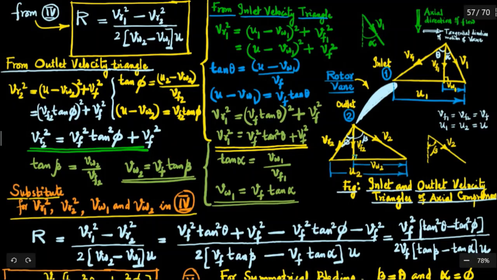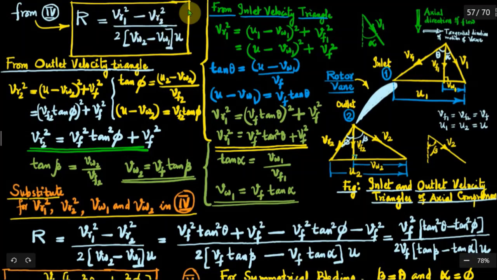Now consider the velocity triangle over here. You are familiar with it. It's very simple to understand. From the inlet velocity triangle, expression 4 comprises VR1 square and VR2 square, then VW2 and VW1.